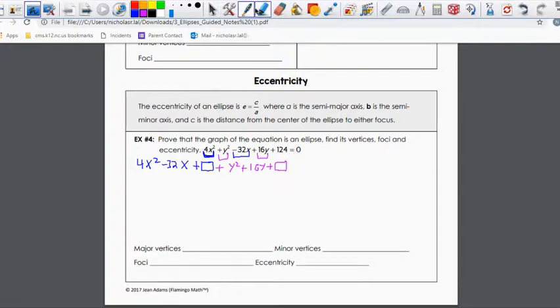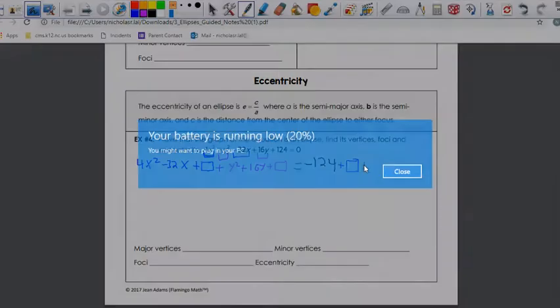And that's going to be equal to negative 124 plus the two terms I have when I complete the square. So you're going to have to add the term that completes the square for the x term and the term that completes the square for the y term.